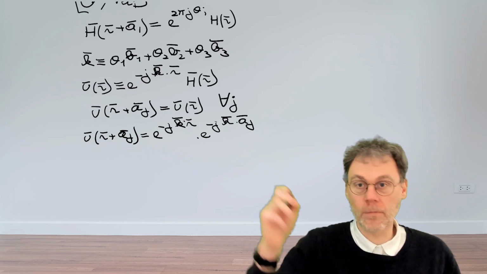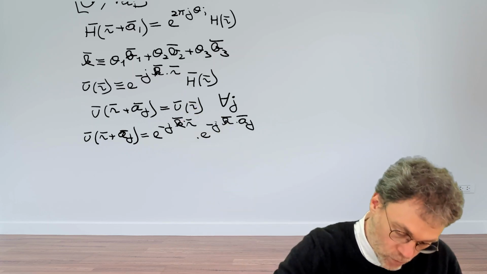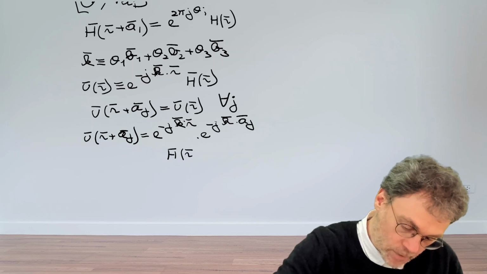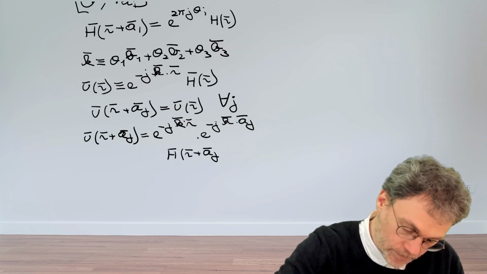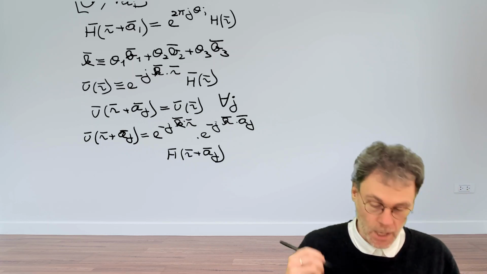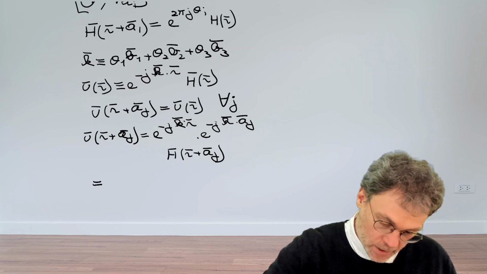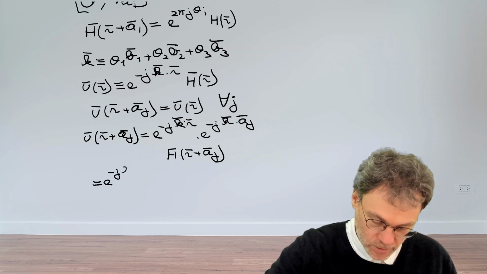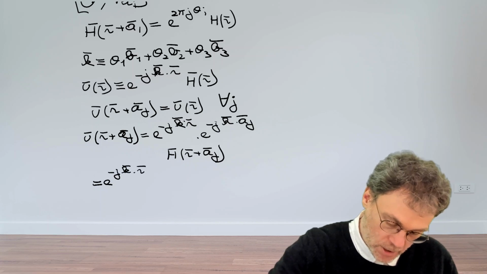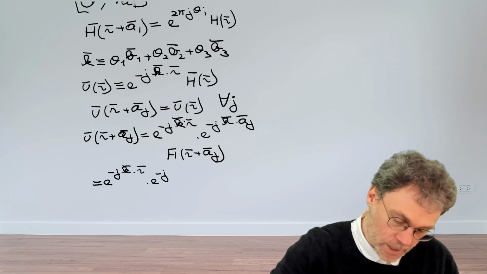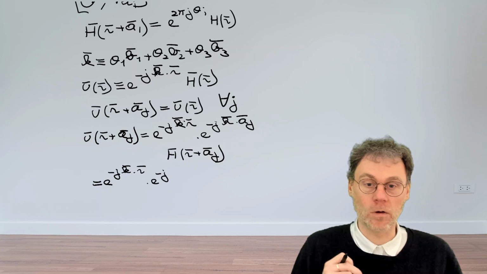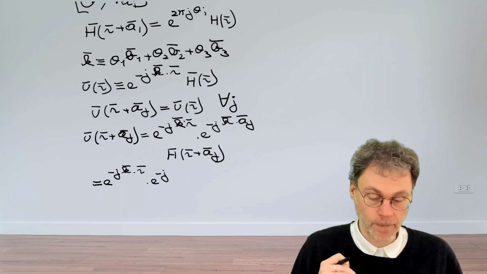And then finally we have H of r, where we also should replace r by r plus a_j. Let's continue expanding this. First we have our boring factor here, exponential minus j k r, and then we have exponential minus j, and then the scalar product of k with a_j.